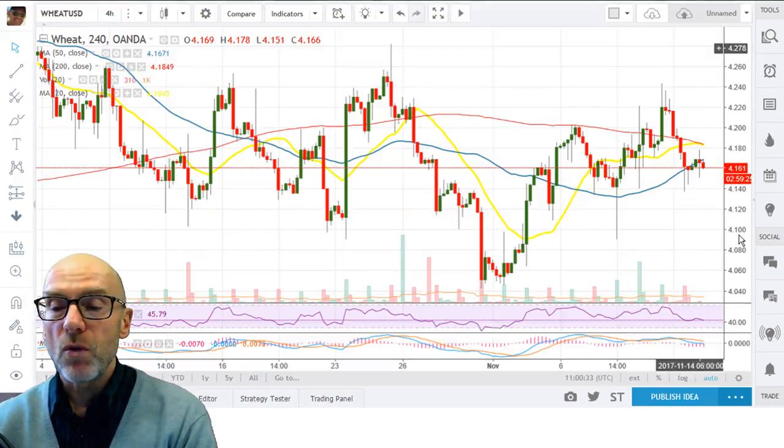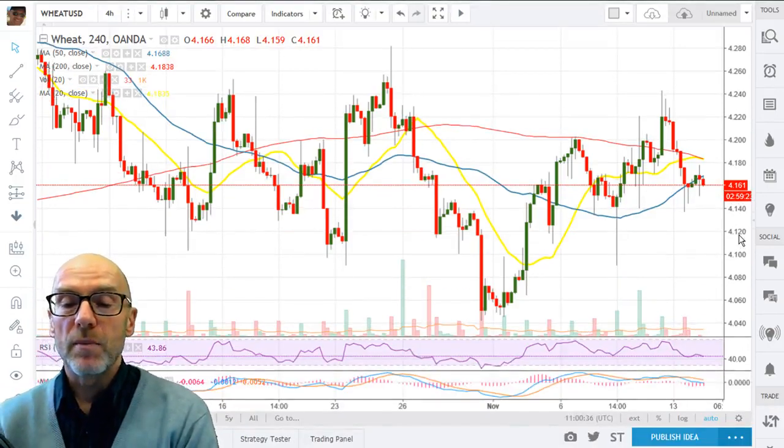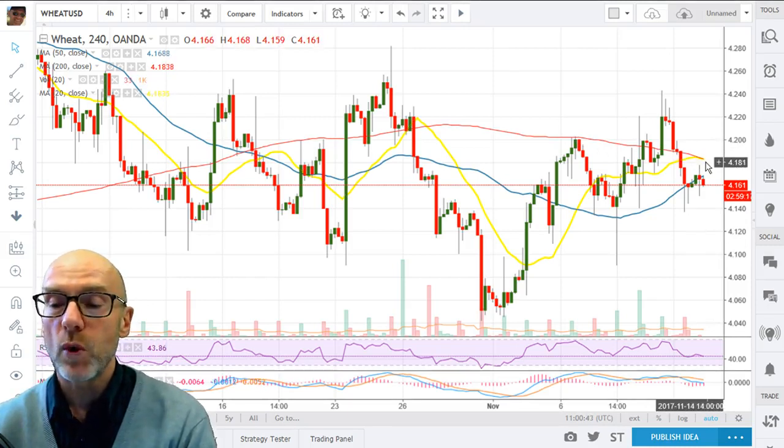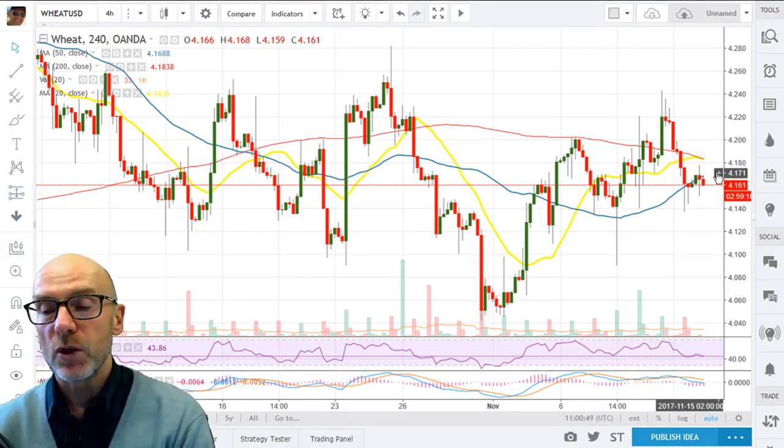Going on to the 4-hour picture, here you can see that the 200 has rolled down, and that's moving down with the 20. 50 still moving up, but that will start to roll over the next few periods of 4-hour trading. So I'd say the next couple of days that will be starting to flatten out.